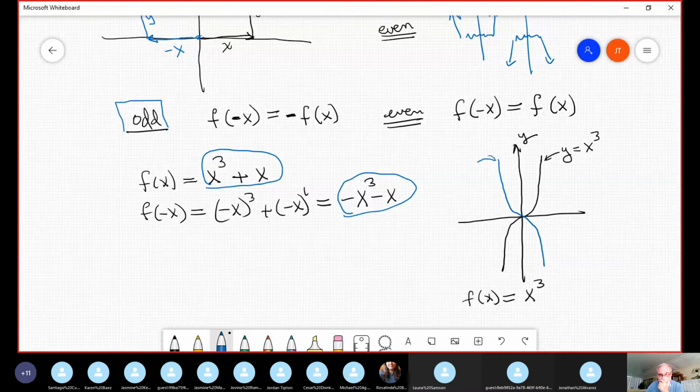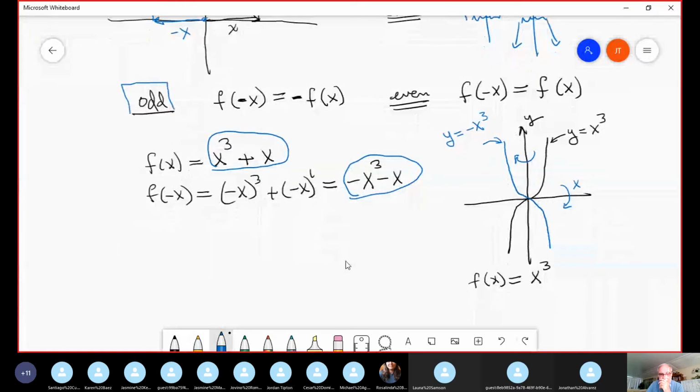And this was y equals minus x cubed. Therefore, the reflection about the y-axis was identical to the reflection about the x-axis, because when you reflect to the x-axis like that, this curve is transformed like the blue. And when this situation happens, this is odd. Okay, and in even, when you are doing reflection, nothing happens. In odd, when you are doing reflection in the y and the x, it's the same thing. So, one interpretation for the symmetry.